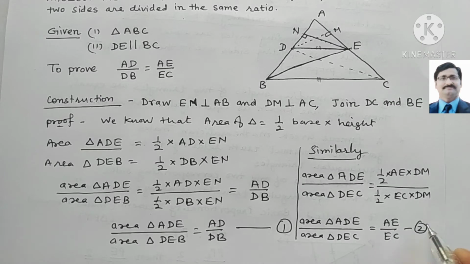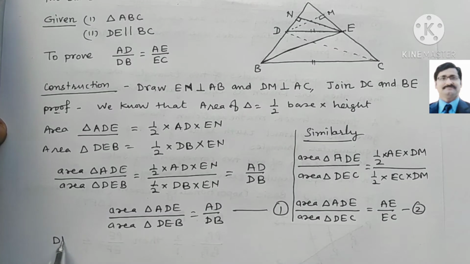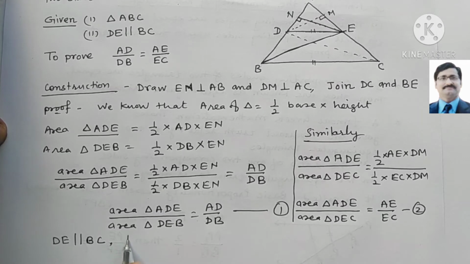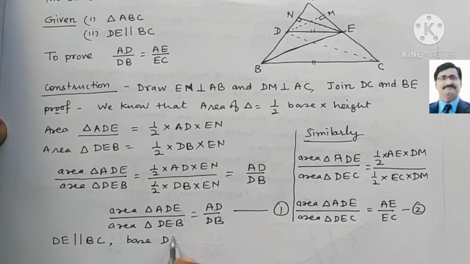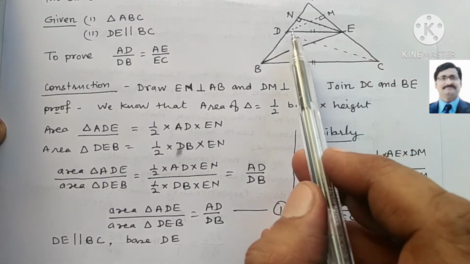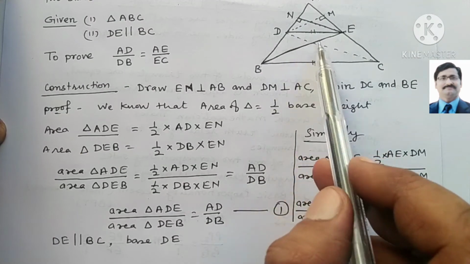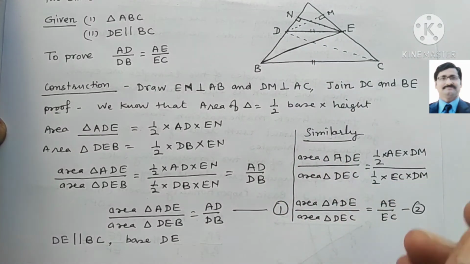This is equation 2. DE is parallel to BC, and triangles DEB and DEC have the same base DE. Here we can see two triangles between these two parallel lines, and these two triangles have the same area.